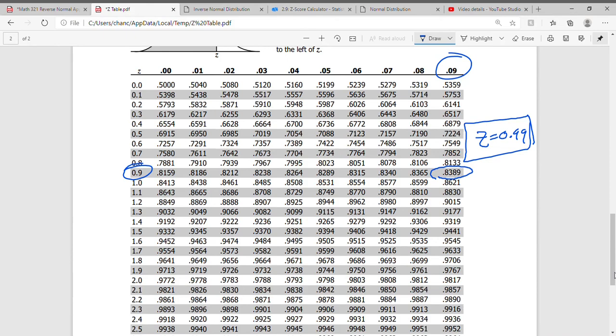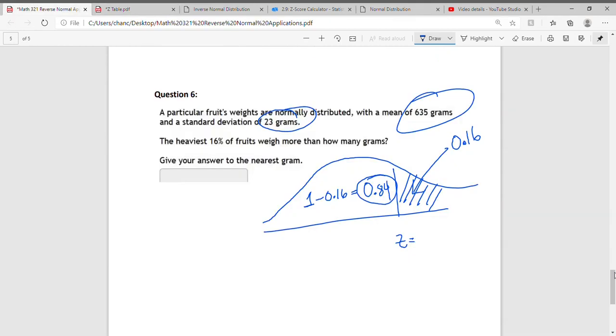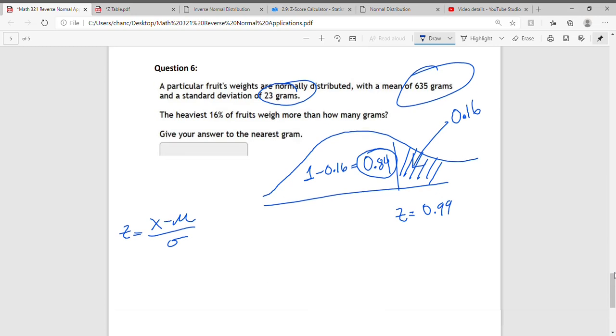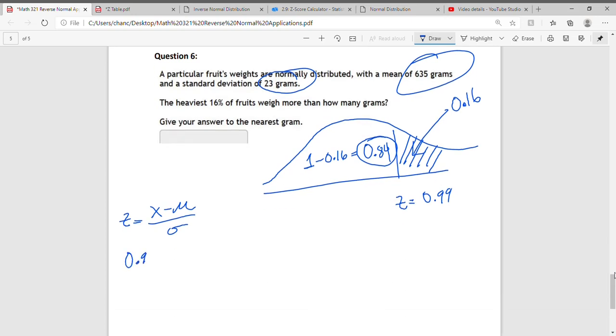So let's go back to our worksheet. We're going to use a Z-score of 0.99. We have x minus mu divided by sigma is equal to our Z-score. So let's say 0.99 equals x minus mu, which is 635, divided by sigma, which is 23.